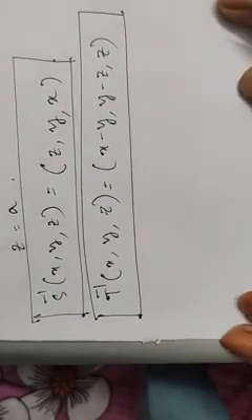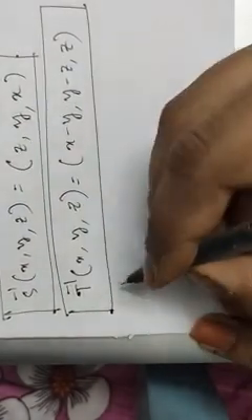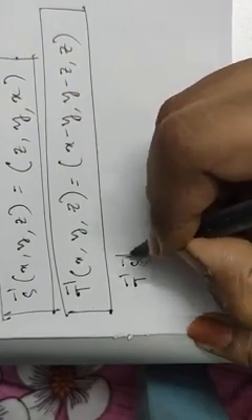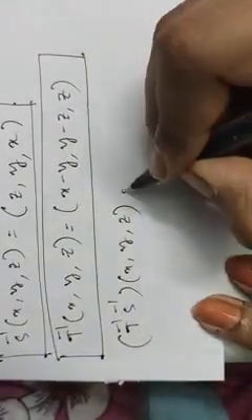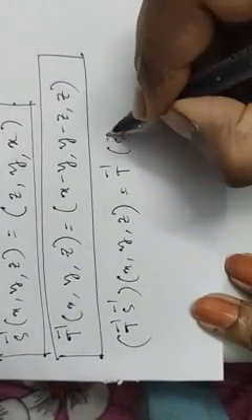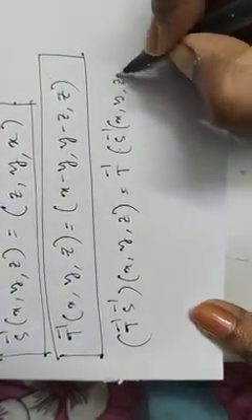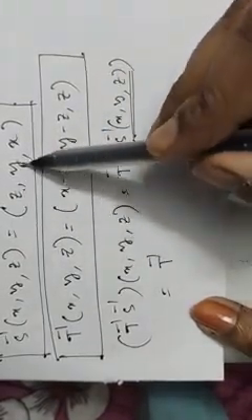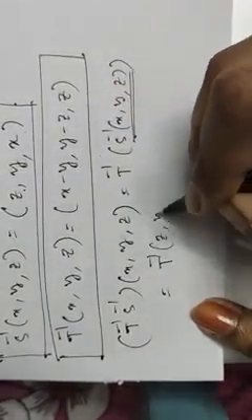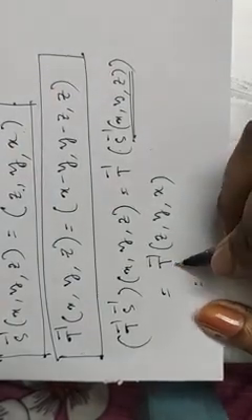Now we need to find T inverse S inverse, this mapping. So let's find it. T inverse S inverse XYZ equals T inverse, then S inverse XYZ. What is S inverse XYZ? This means zyx. And what is T inverse?